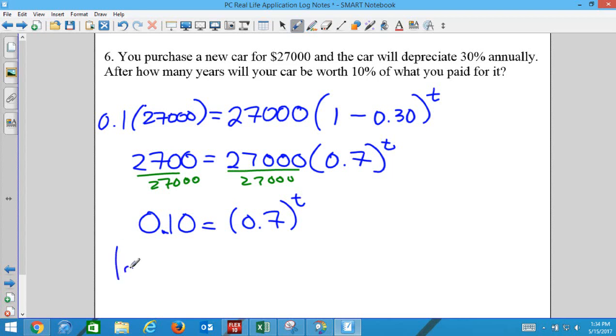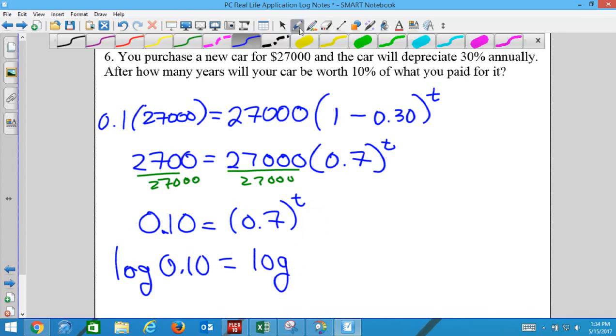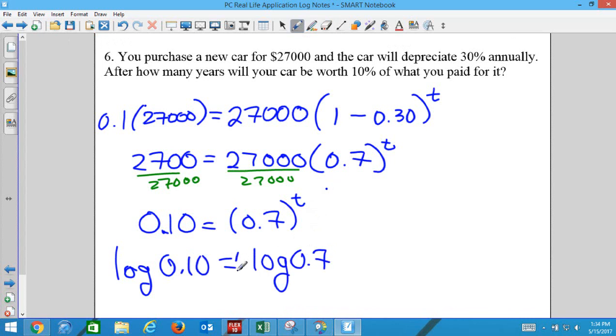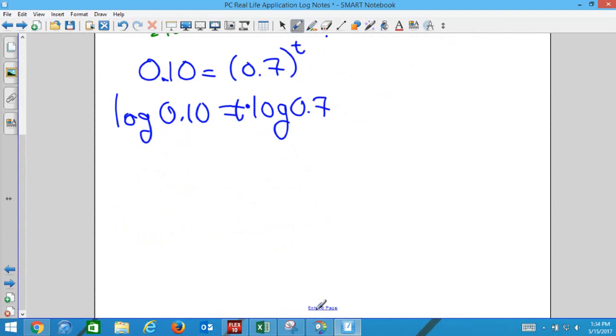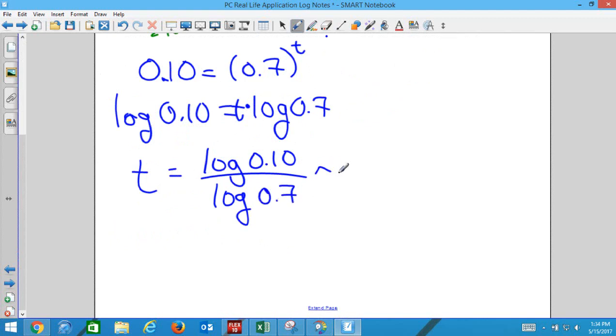We're going to have log 10% equals log 0.7, and we multiply the t in front. Divide both sides by log 0.7, and we get 6.46 years.